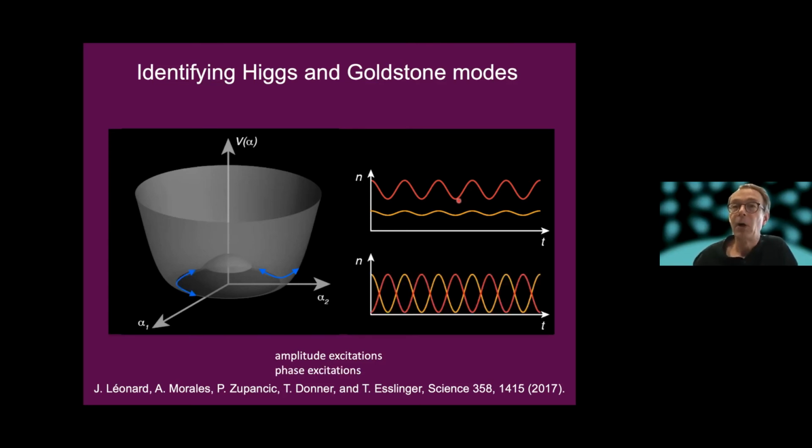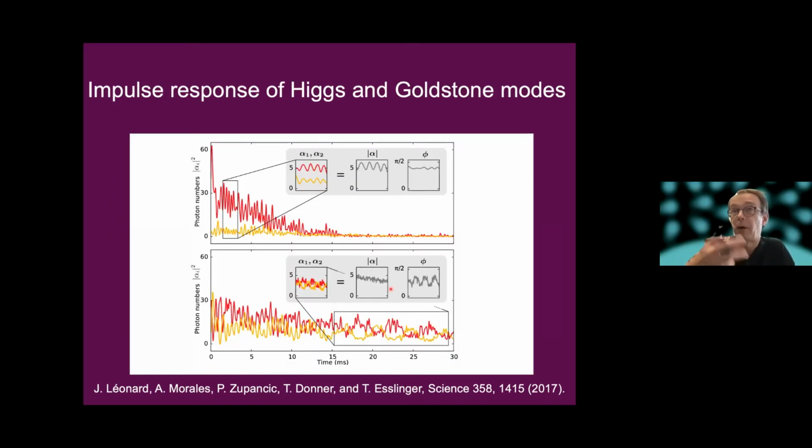And in the phase mode, one of the fields in one cavity would go down whilst the other one goes up. These are the two modes, and we measure those fields and we can extract the relative phase of this modulation.